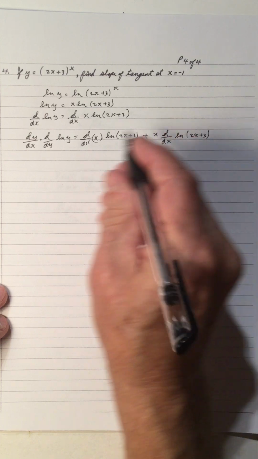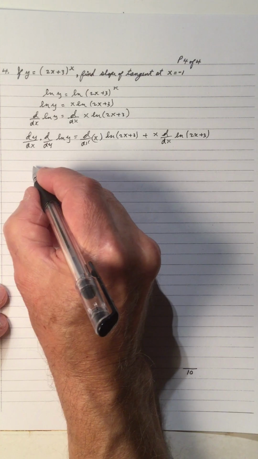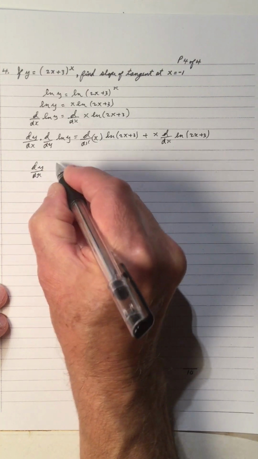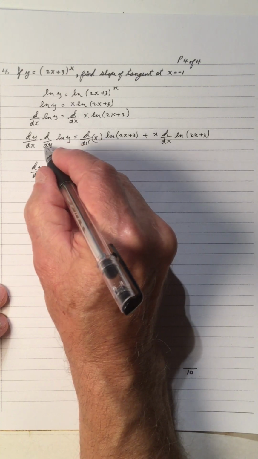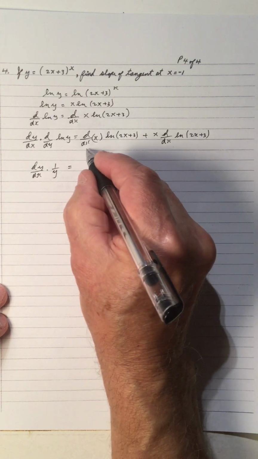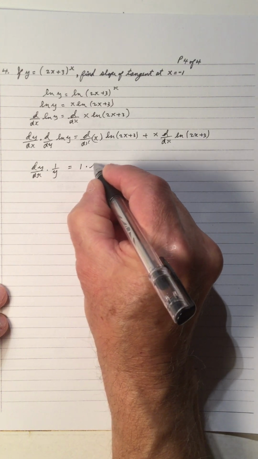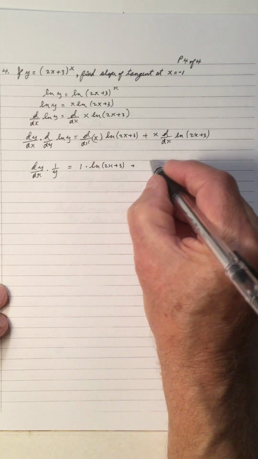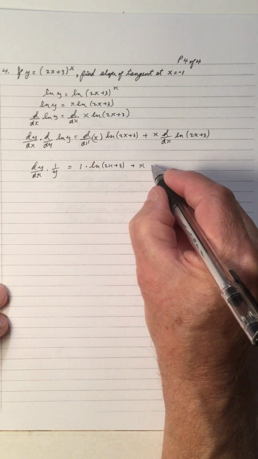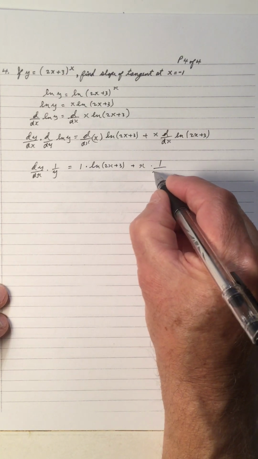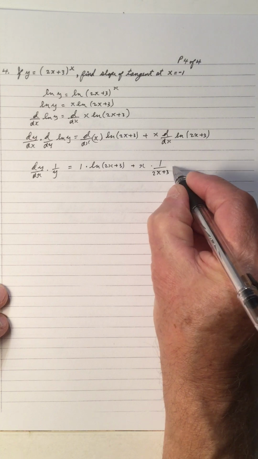Okay, that's done. And we simplify here, we do the derivative, so we got dy/dx. The derivative of ln y in terms of y is 1 over y, and the derivative of y is 1. Derivative of x is 1, ln(2x + 3). And the derivative of ln in terms of x is 1 over 2x plus 3.